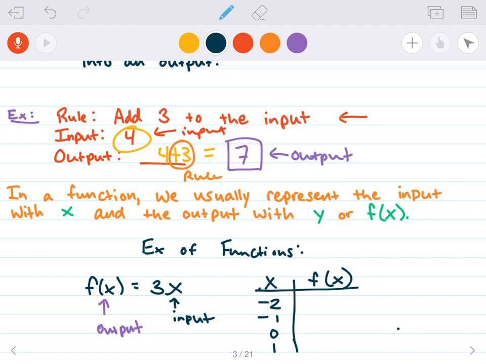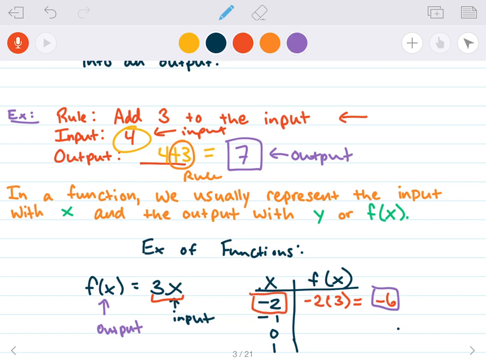And so to find our outputs, we apply the rule. So the rule is multiply every input by 3. So we take our -2 and multiply it by 3. That's our rule. And that gives us an output of -6. So the input is -2 and the corresponding output is -6.